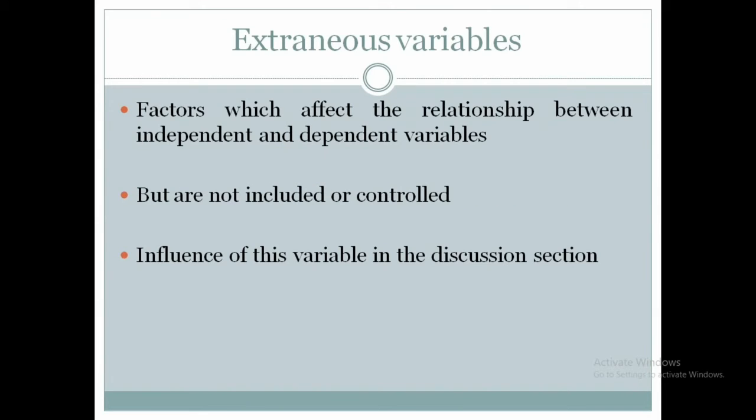Next is the extraneous variable. Extraneous variables are the factors that could affect the relationship between the independent and dependent variable but are not included or controlled. The possible influence of the extraneous variables is usually brought out in the discussion section.